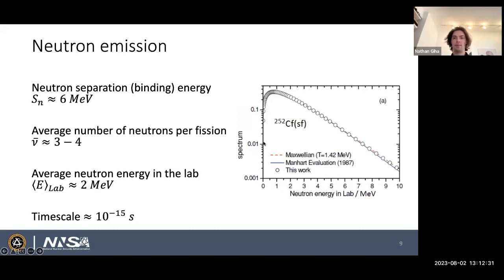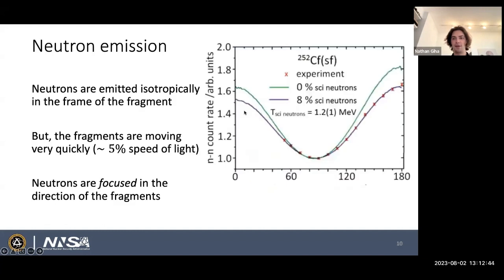Neutrons in fission are emitted in what's often called a Watt spectrum, but really that's just a Maxwellian spectrum that is boosted by the fragments. And I'll talk more about what that means here. So in the reference frame of the fragment, if you were moving alongside the fragment at 5% the speed of light, you would see that the neutrons are emitted isotropically.